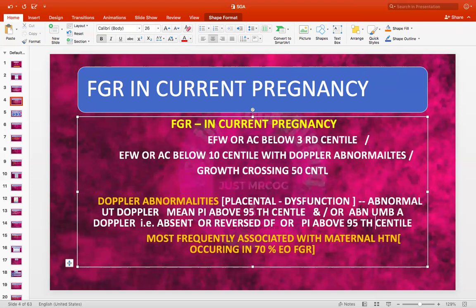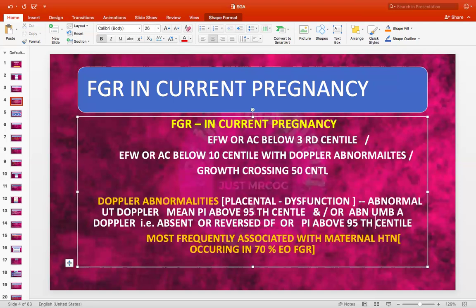Other than that, if there is any absence or reversal of diastolic flow. So if we find any of these four, abnormal uterine artery Doppler with PI above 95th, abnormal umbilical with PI above 95th, or absent or reversed umbilical artery Doppler, any one or more than one, then we consider it as Doppler abnormality.